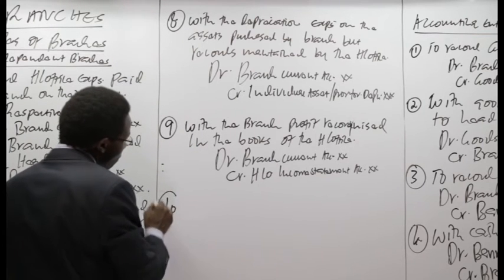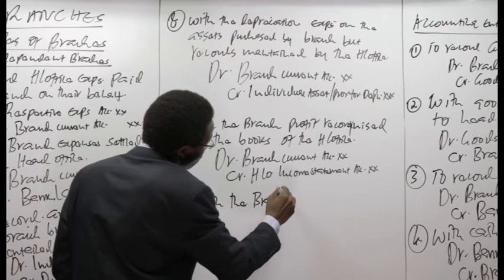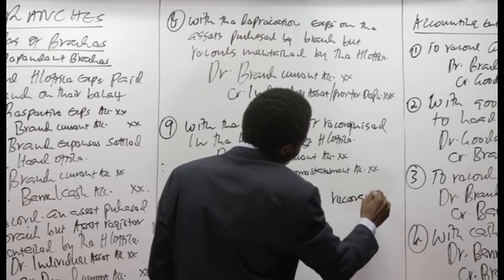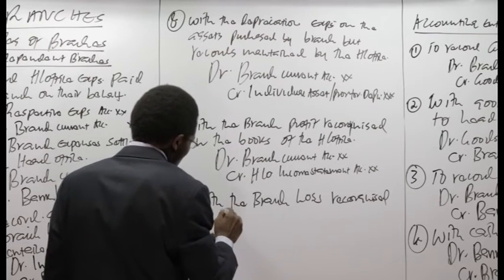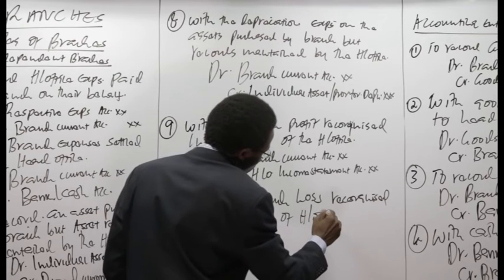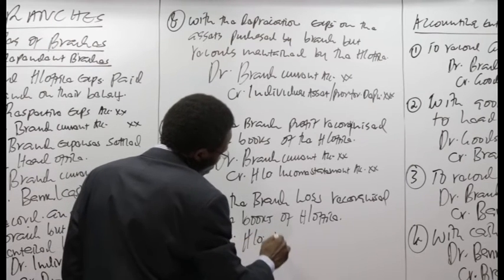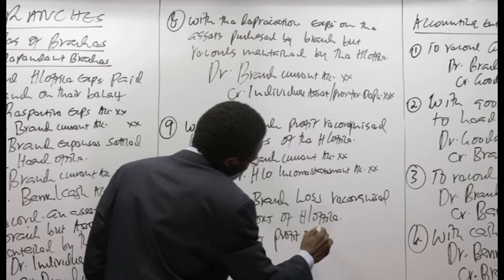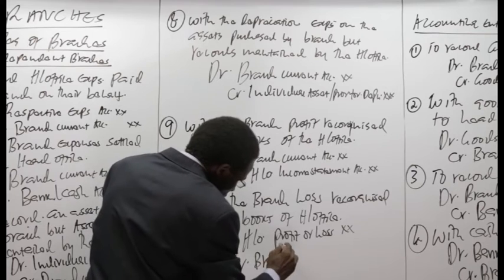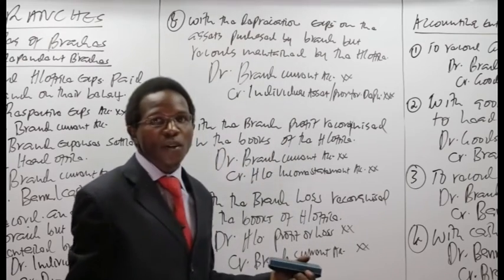Then we come and say number 10, if it's a loss, to recognize the branch loss in the books of the head office, we are going to debit the head office profit or loss, then we credit the branch current account. That's exactly what you need to do.